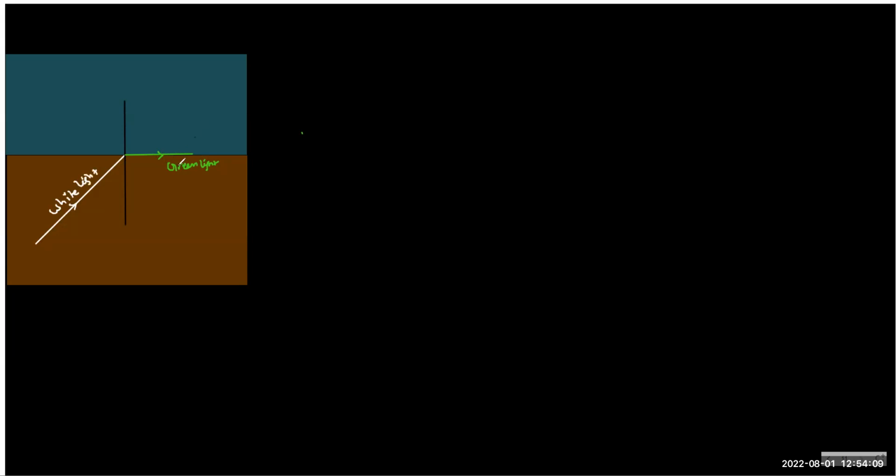Now you can see the green light is tracing the interface, grazing the interface. So this is the critical angle for which light, which component?